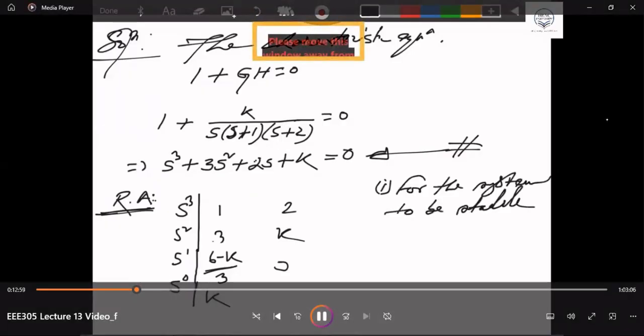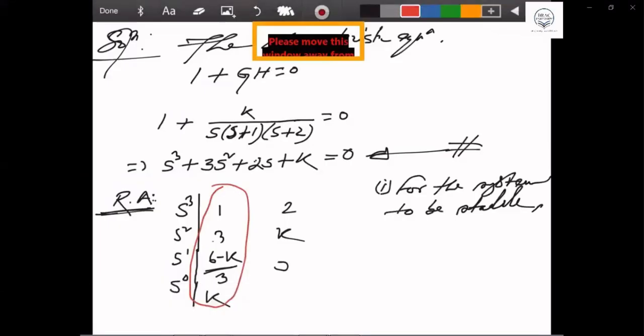For the system to be stable, what is the condition? In the first column, the number of sign changes will be equal to what? 0. It will be 0.